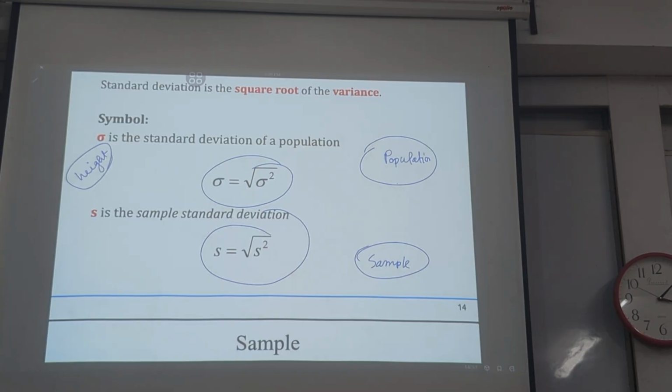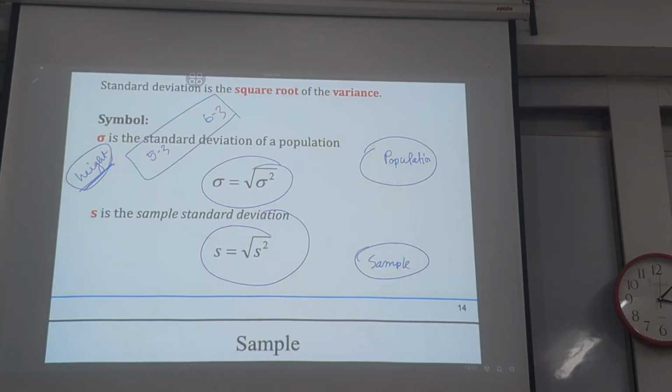Then this height will be, let's say, from 5 feet 3 inches to 6 feet 3 inches. Now, they are uniformly distributed. So the population has a distribution. This is uniform.